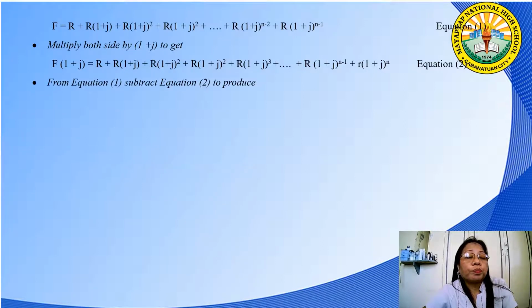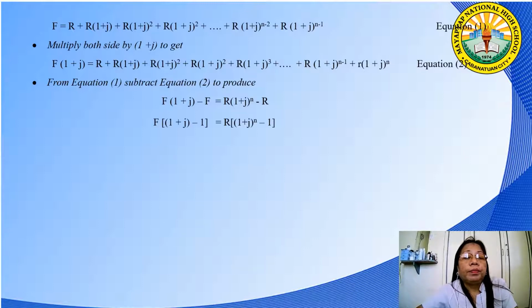From equation 1, you subtract equation 2 to produce F times 1 plus j minus F equals R times 1 plus j raised to n minus R.